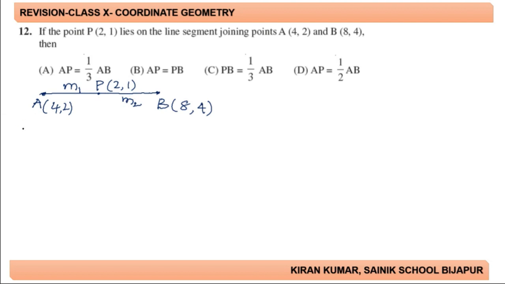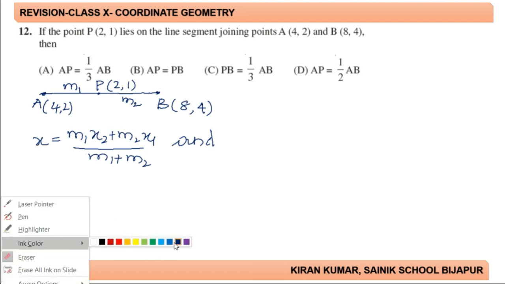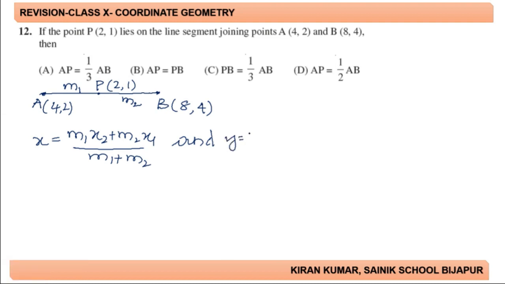By the section formula, we have the x coordinate of this point P is given by (m1 x2 + m2 x1) divided by (m1 + m2), and the coordinate y is (m1 y2 + m2 y1) divided by (m1 + m2).